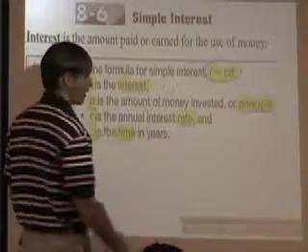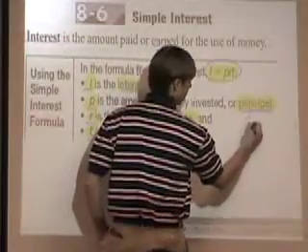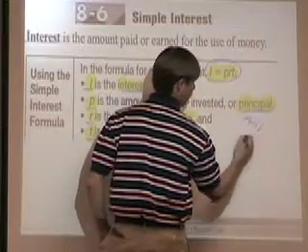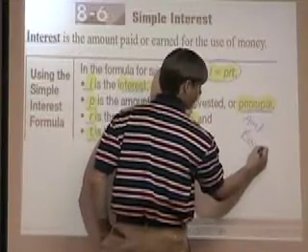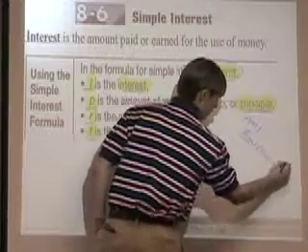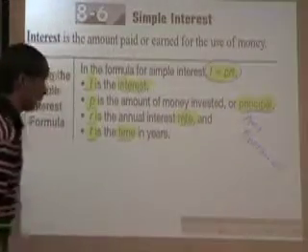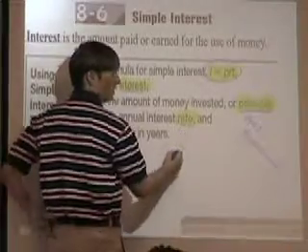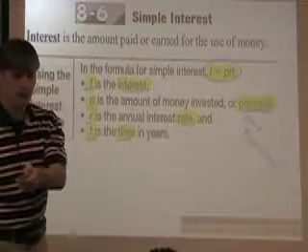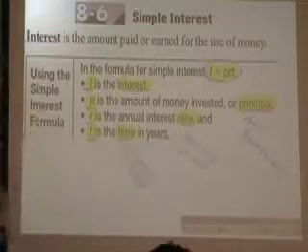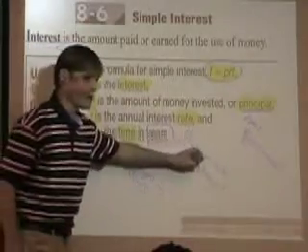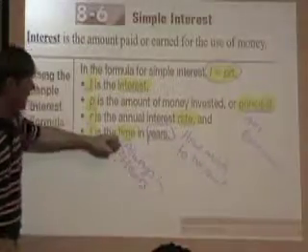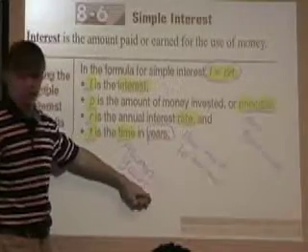So you need to write that down. Principal is the amount you borrowed. The amount borrowed. Okay? Rate is going to be how much it costs to borrow the money. So your rate is how much to borrow the money, and your time is always going to be in years.